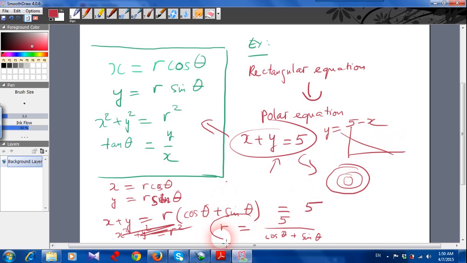So we have this r, and when we have r, we can draw a polar coordinate.